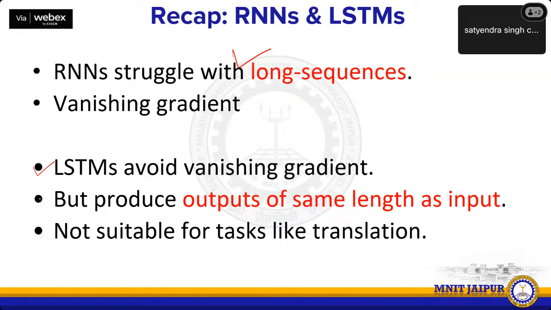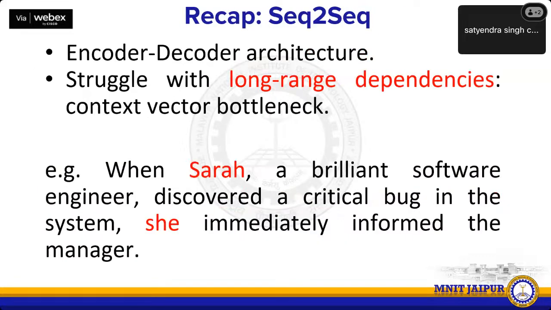But still, LSTM produces output of the same length as the input, so it is not suitable for tasks like translation. We also discussed the encoder-decoder architecture, which struggles with long-term dependency due to the context vector bottleneck. After encoding, the context vector fed to the decoder has a fixed length and fails to capture information in case of long-range dependency.